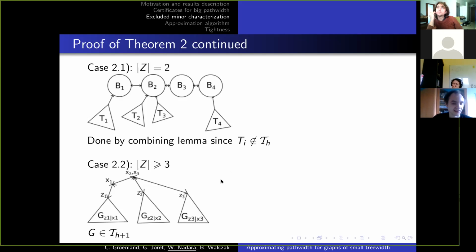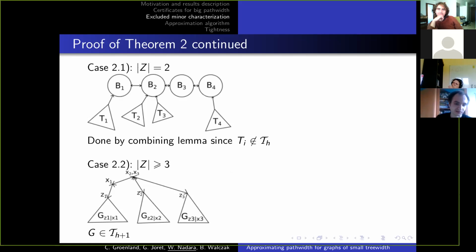If we do a similar argument for the second subtree and the first subtree, we have found a certificate that our graph G belongs to T_{h+1}, which is the second possible outcome.